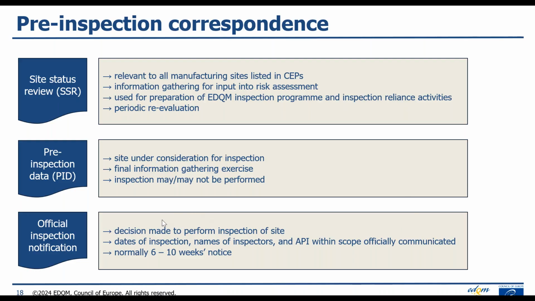It's not determined at this point whether the site will definitely be inspected. This would only be determined at the time you receive an official inspection notification. This is official documentation, a letter sent to the site containing the dates of the inspection, the names of the inspectors, and the API within scope. Normally we provide about 6 to 10 weeks notice for inspections.